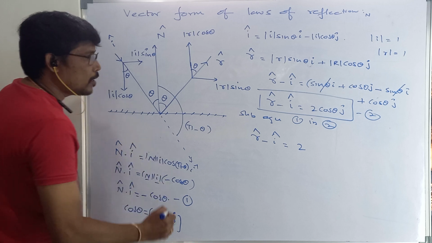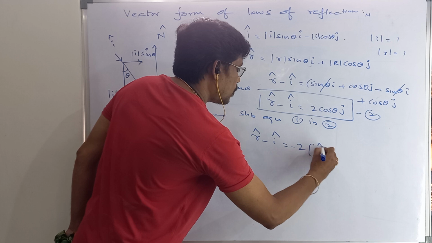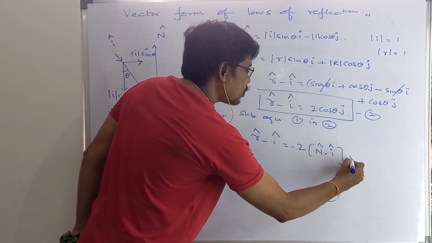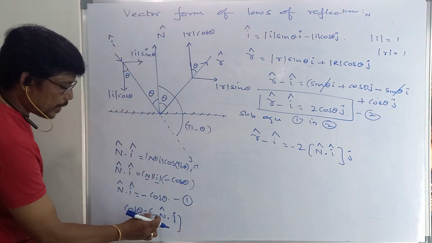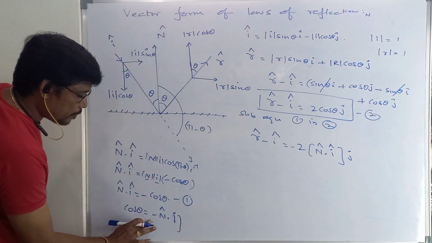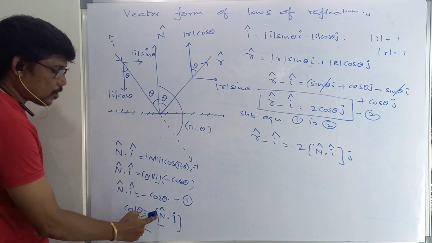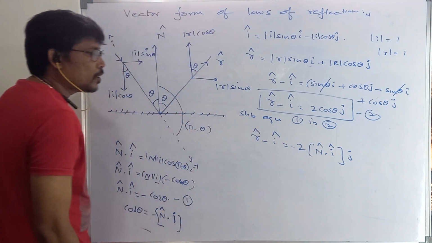Right? So this is minus n cap dot I cap into j cap. Now it is clear. So instead of cos theta, minus of n cap dot I cap, I would like to put bracket inside. Clear.